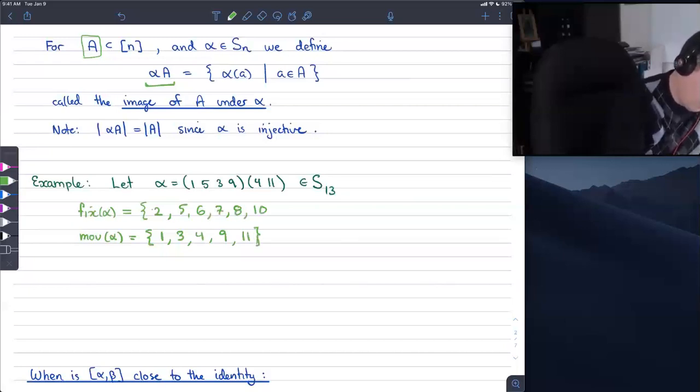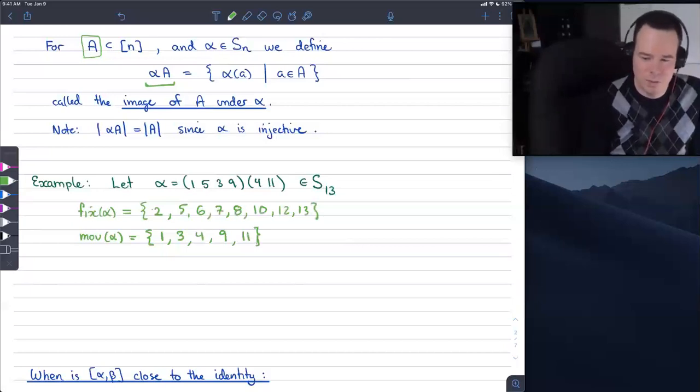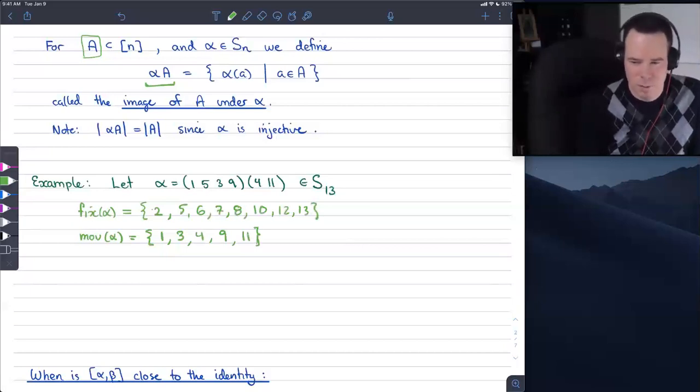And 12 and 13 it fixes. So that's what the fixed set and the move set are. It's just those numbers which alpha fixes and those numbers which alpha moves around.